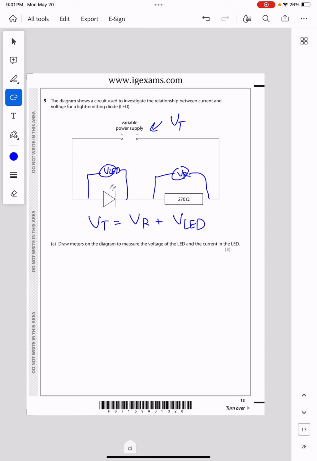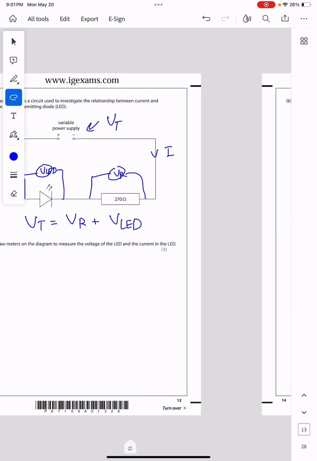This is the total we got from the cell or the power supply, and it is divided on those two, while the current is the same in all of the circuit. The current in a series circuit is the same for all of the devices on the circuit. But the voltage is going to be divided. So this is the first thing we have to talk about.